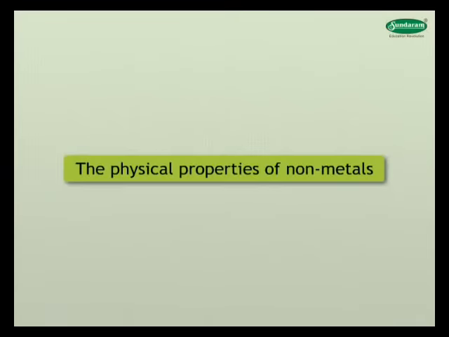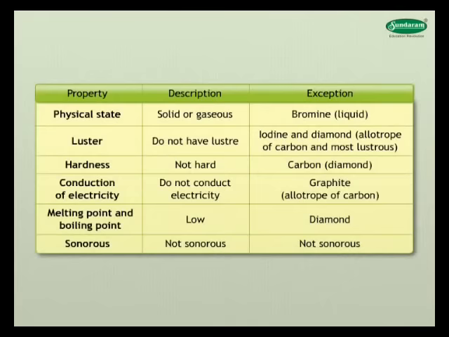Let us look at the physical properties of non-metals. Non-metals are either in solid or gaseous state, with the exception of bromine, which is in liquid state. Non-metals usually do not have luster, except iodine and diamond, which is an allotrope of carbon and the most lustrous of all the substances.